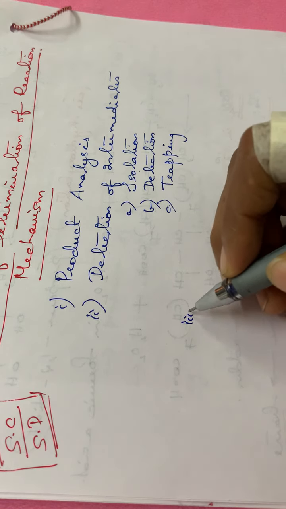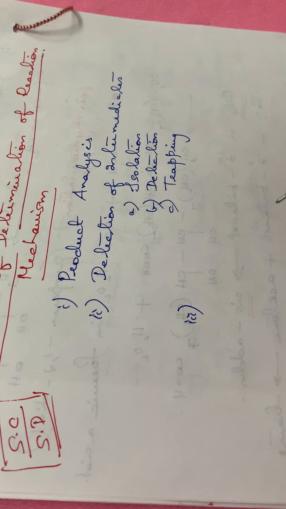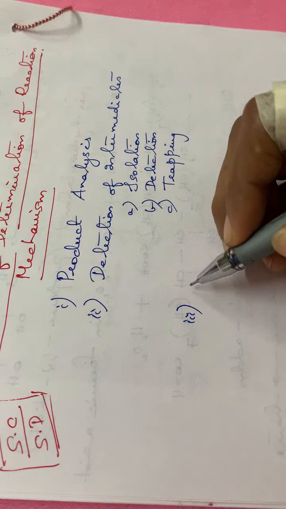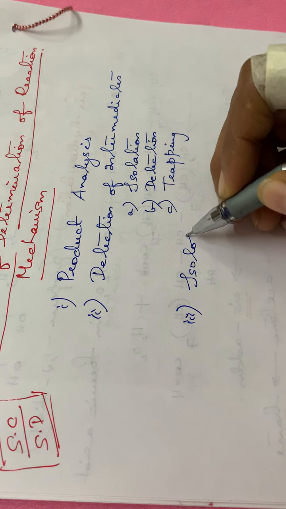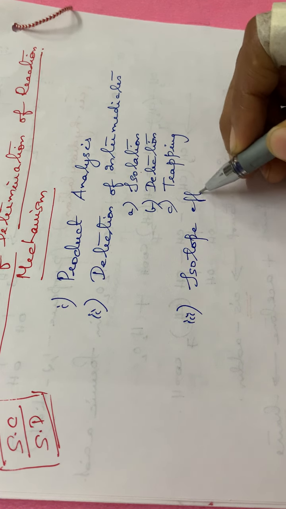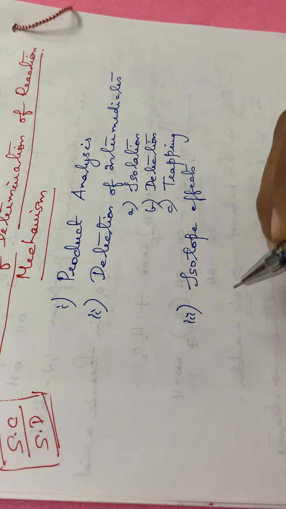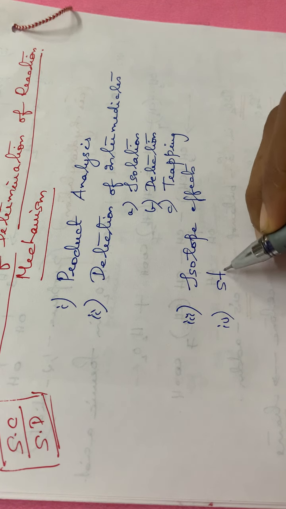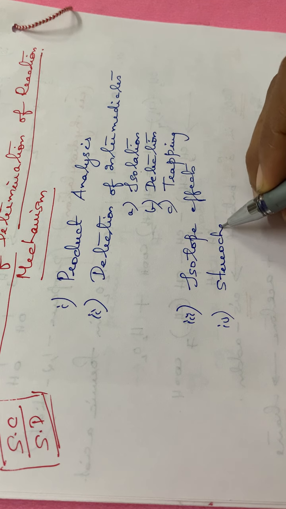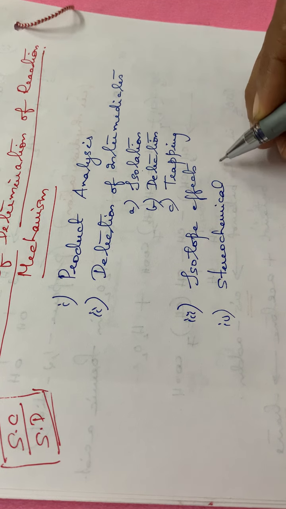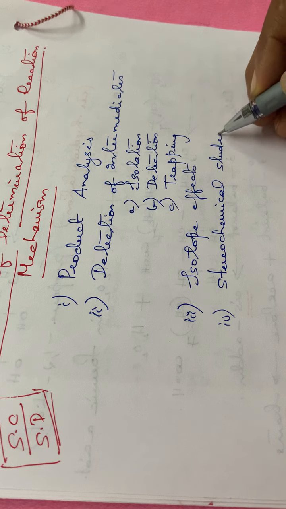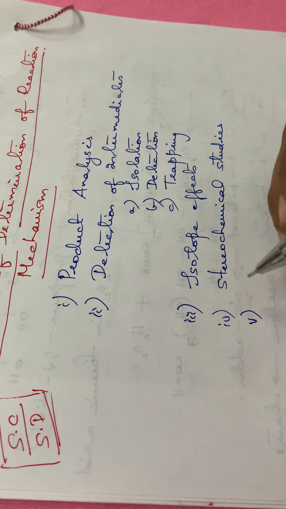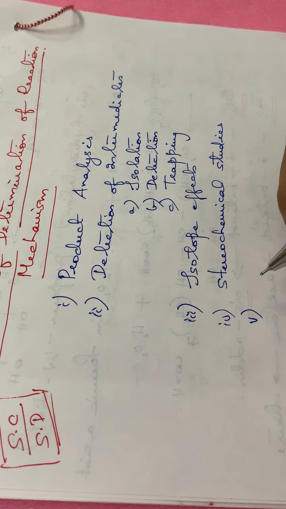Then the next method for the determination is isotope effects. Then the fourth one is the stereochemical studies. The fifth one is the kinetic studies.